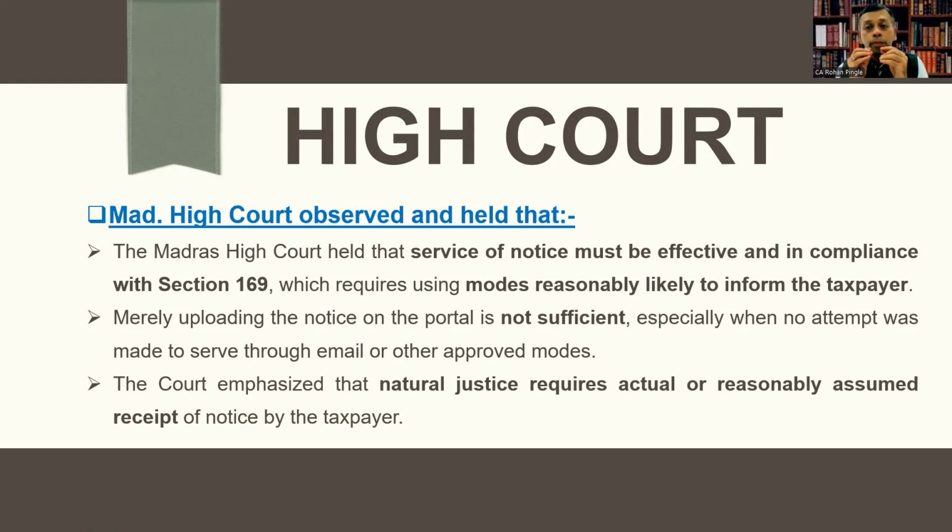What is important is that proper communication should be given to the assessee. So modes reasonably likely to inform the taxpayer should be kept in the mind of the department and its officials. Merely uploading the notice on the portal is not sufficient, especially when no attempt was made to serve through email or other approved modes.